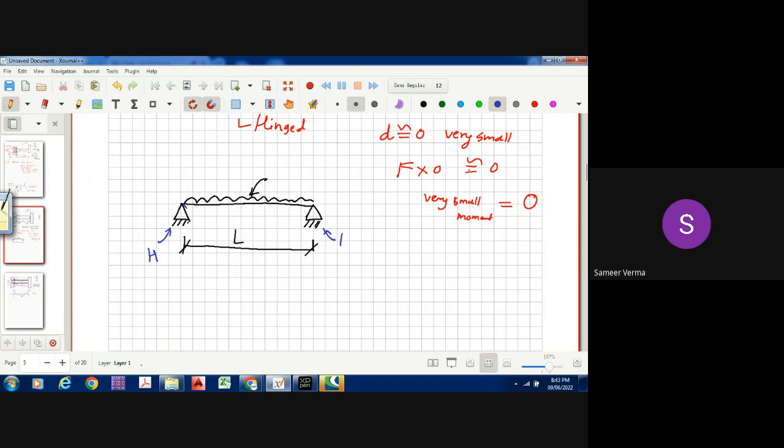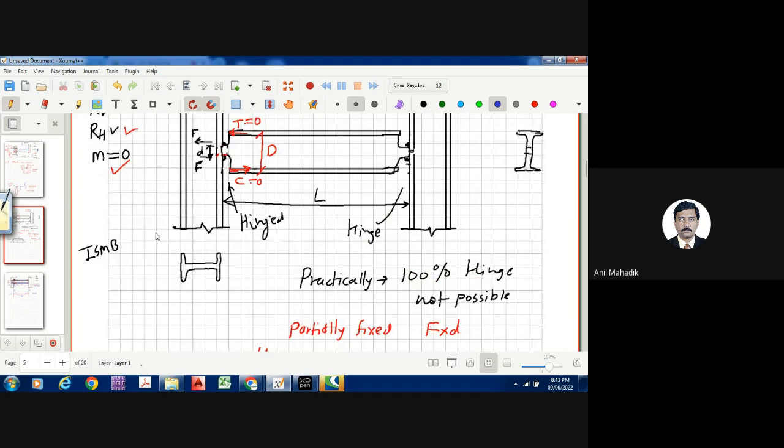Support 0 रहेगा. So because it is a hinge, so moment is 0. All of you know at support. Now if you want to analyze like this, make sure that you are detailing like this. Then and then your assumptions of the analysis match with the real structure. Concept समझ में आया supports का? Yes, sir.